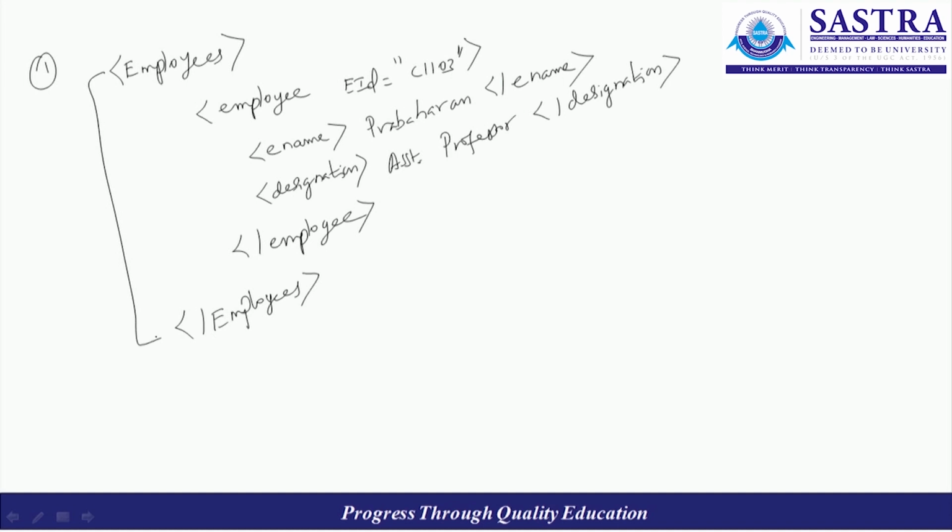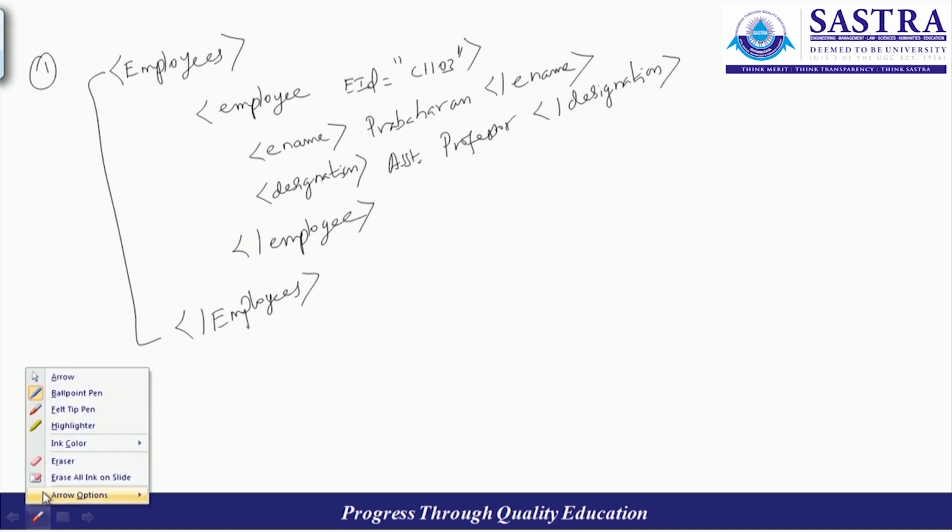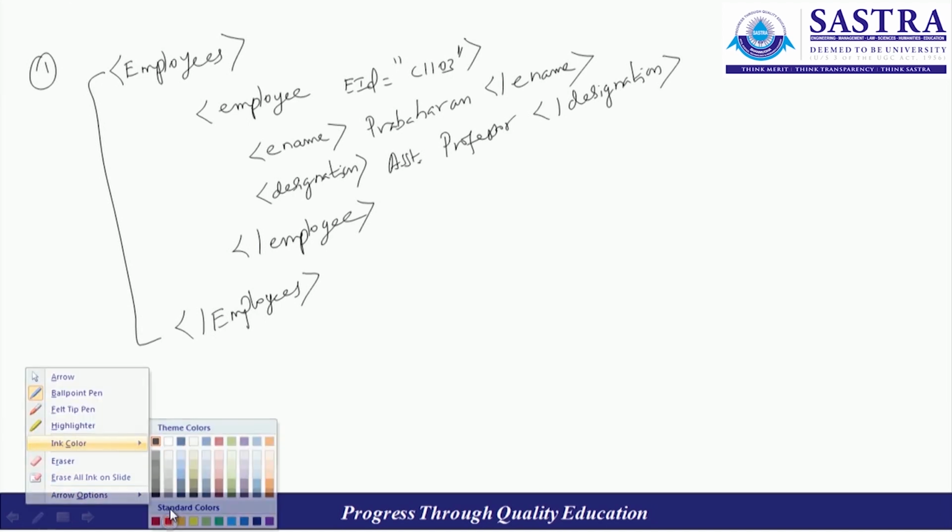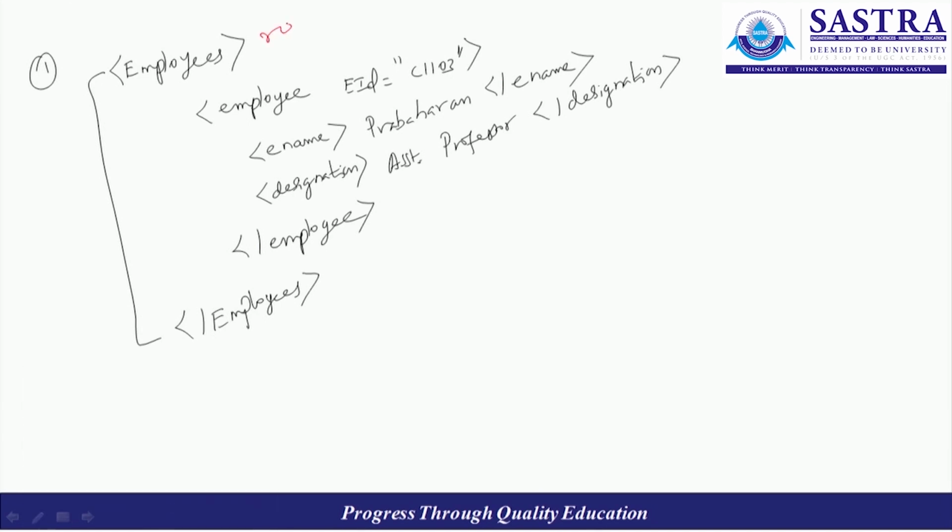Which one is root? The employees is the root. This is the root tag. And how many child elements do we have for employees? Only one, only one child. How many child elements for employee?